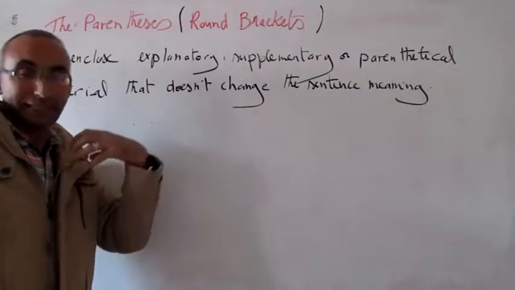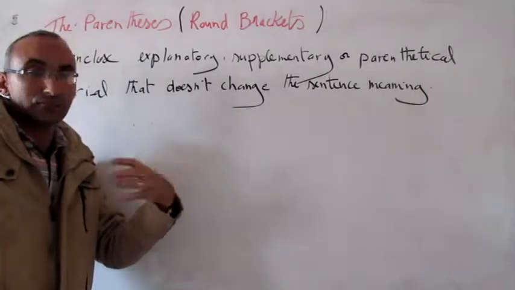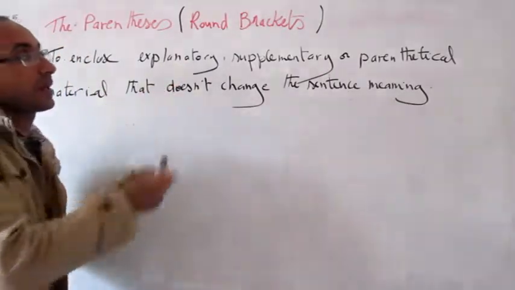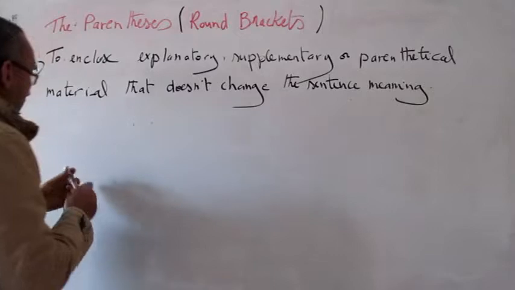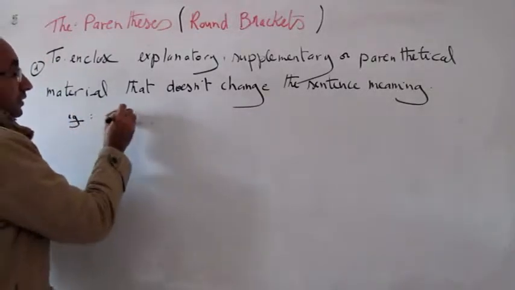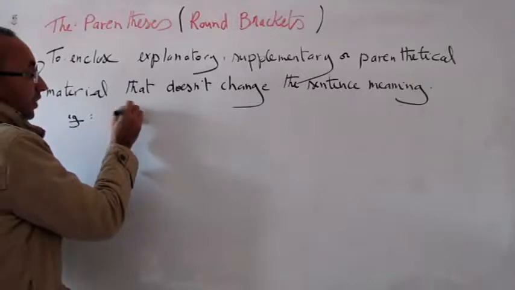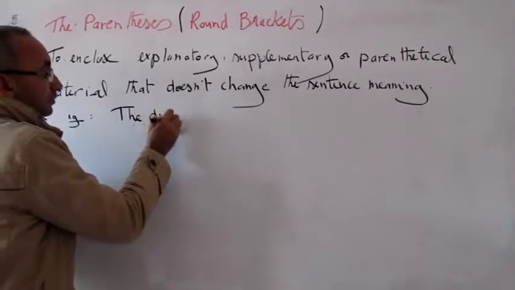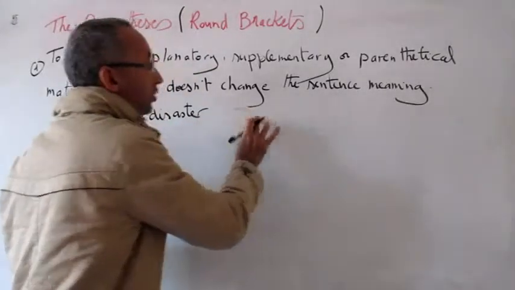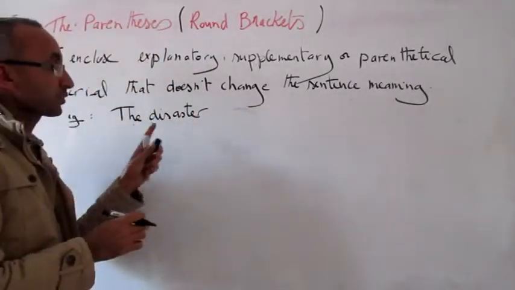It means when you want to explain something, add an extra clarification in the sentence, you place it between two parentheses. For example, I write, example, the disaster. Here I want to clarify more about what disaster I'm talking about.